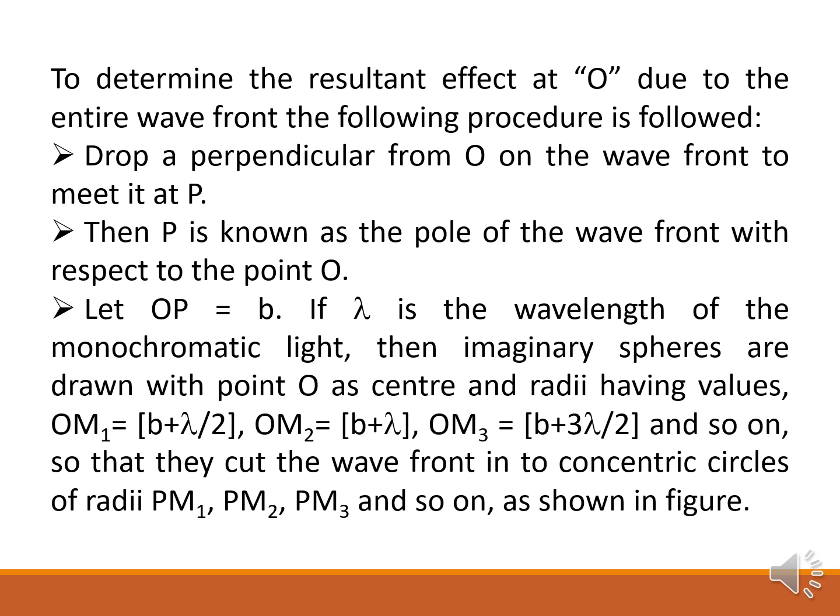If lambda is the wavelength of the monochromatic light, then imaginary spheres are drawn with point O as center and radii having values OM1 in the figure equal to b + lambda/2. Similarly, OM2 is b + lambda, OM3 is b + 3 lambda/2, and so on, so that they cut the wavefront into concentric circles of radii PM1, PM2, PM3, and so on.